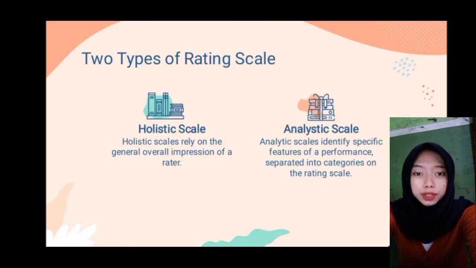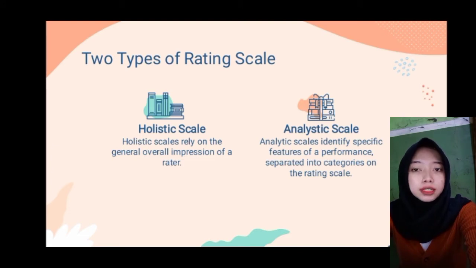There are two types of rating scale, namely holistic scale and analytic scale. Okay, let's talk about the first type, that is holistic scale. Holistic scales rely on the general overall impression of a rater.